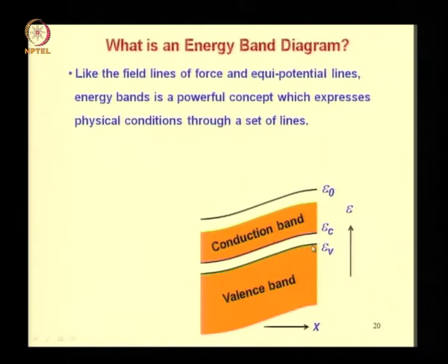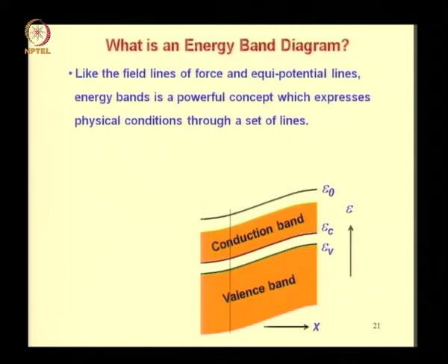And similarly, EV is the top edge of the valence band. Now I could look at the condition at any x in the device, let us say at this x. Now the slope of this line indicates the electric field conditions within the device. You would recall this from the first level course.